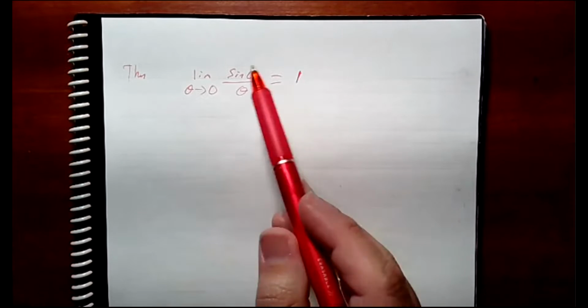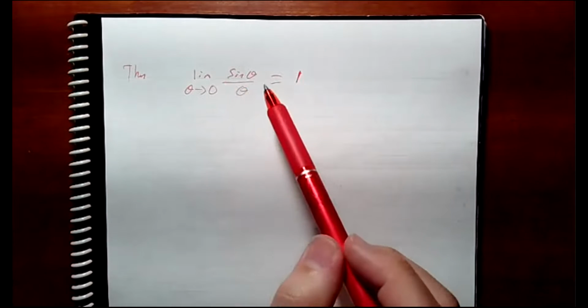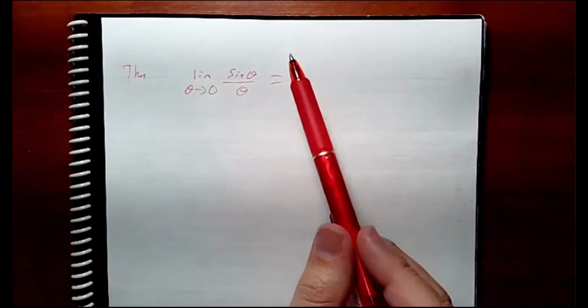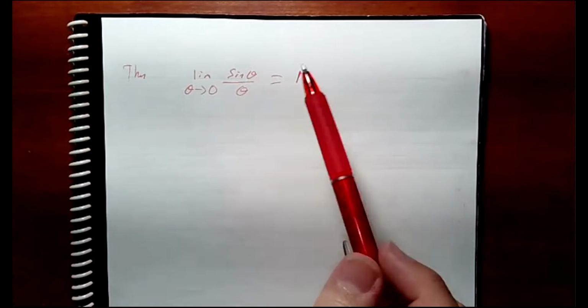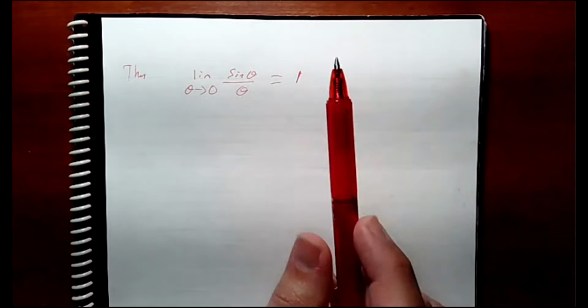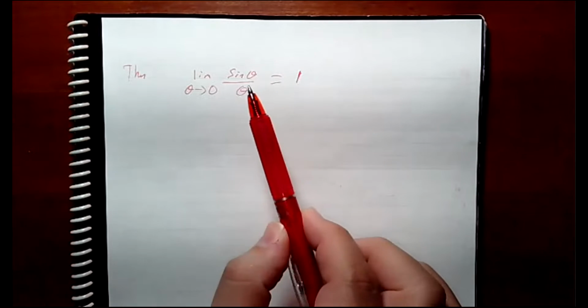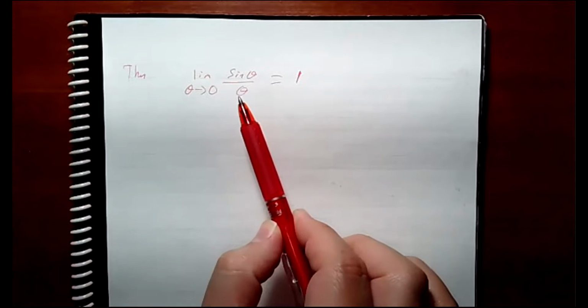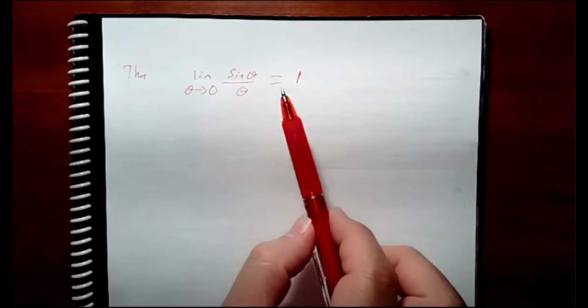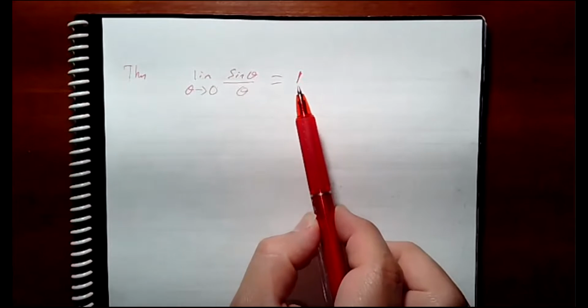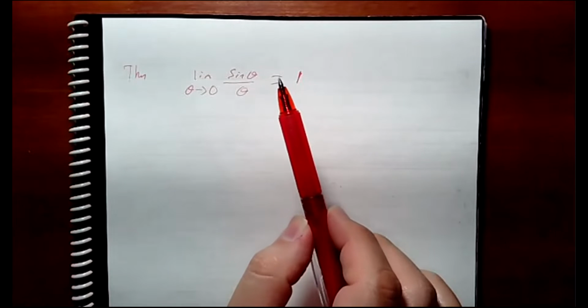So think of this as a formula for now. If you see anything with a sine or any kind of trig function, most likely they're going to want you to get it into this form, or force it into this form, and then use the property to change it into a 1.